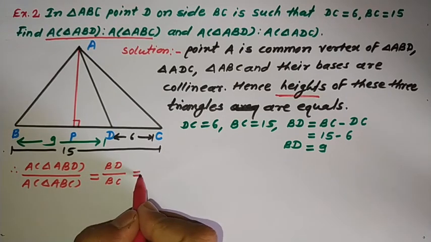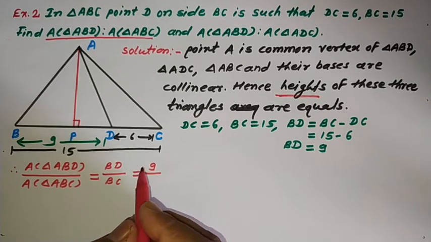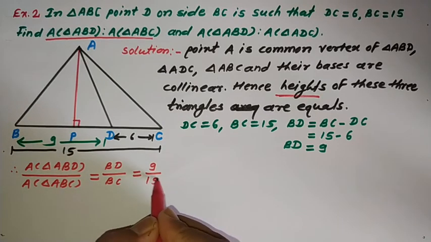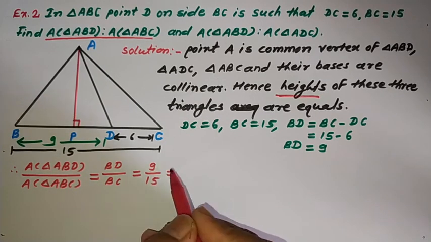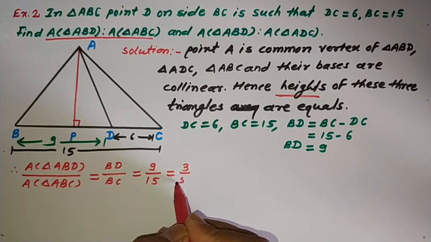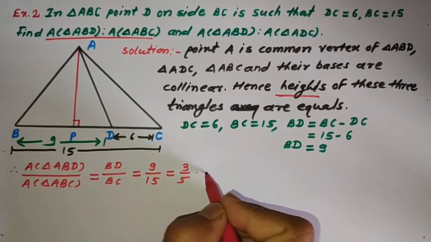Put the values: BD is 9 and BC is 15. 3 3s are 9, 3 5s are 15. Here the heights are equal.